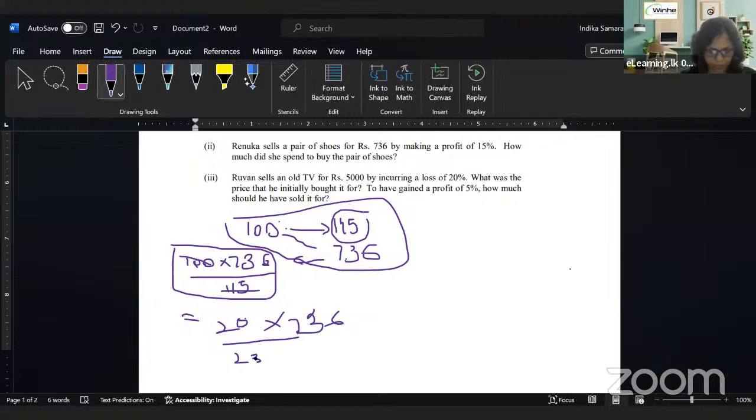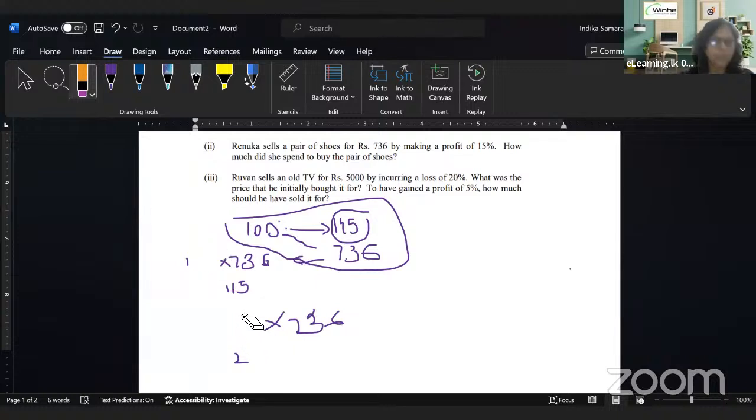So what is the answer for this one? 640, right? We will get the answer as 640, right?